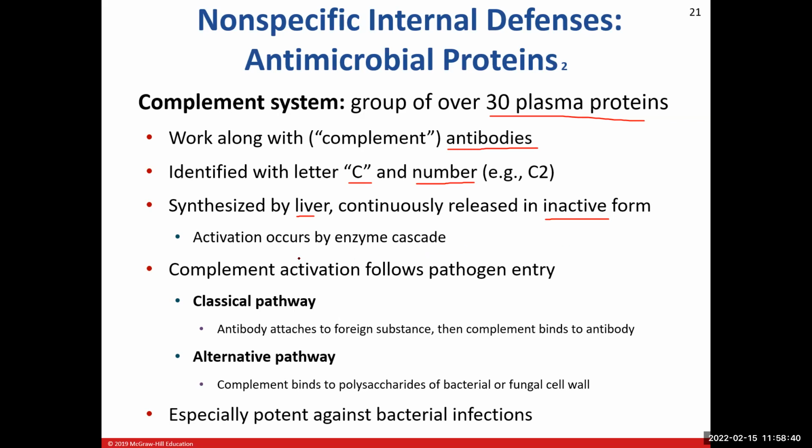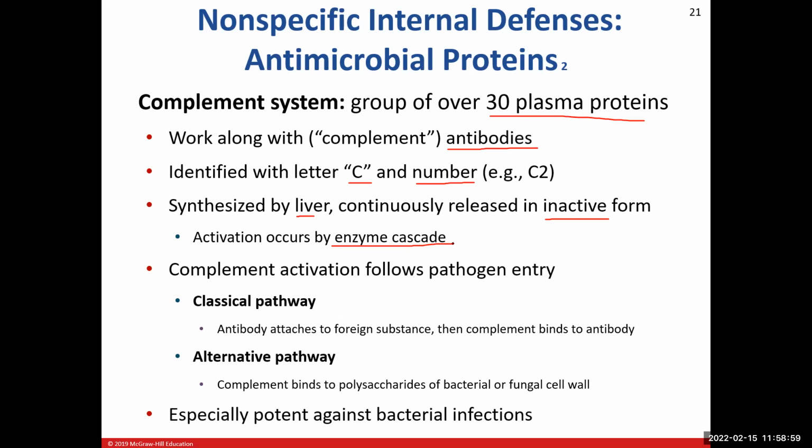And of course, like with most activation processes, it's going to involve an enzyme cascade, which means we'll activate certain proteins with an enzyme, and then it'll change into another type of enzyme, and so forth and so on.